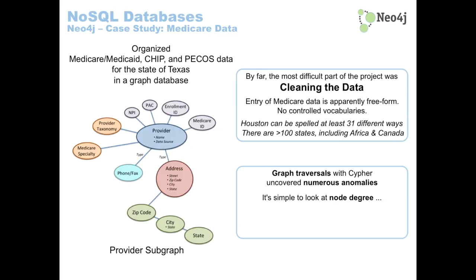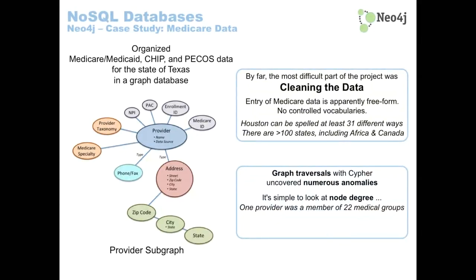In other words, how many connections are there to that node? How many links of a particular type? And so we discovered there was one provider who was a member of 22 different medical groups. I don't know how common that is, but that seemed to be a bit of an outlier, a little suspicious.